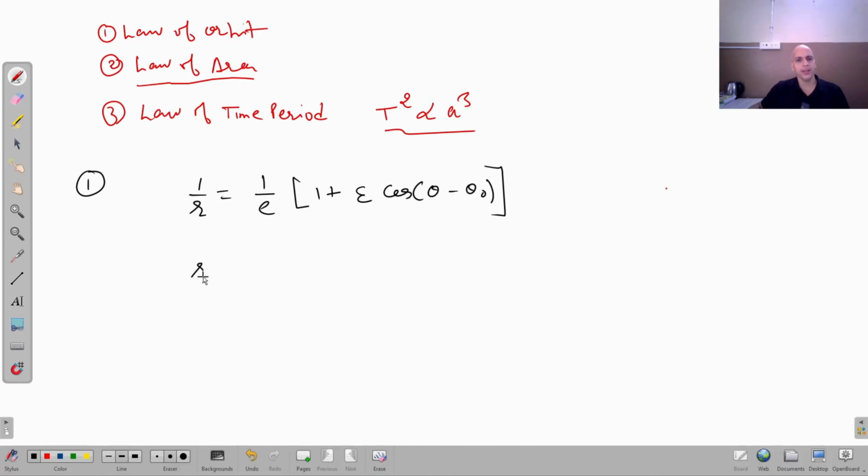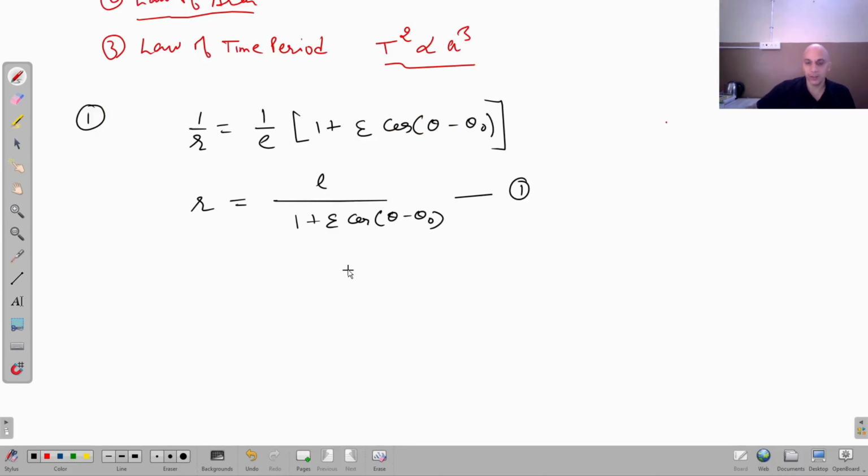So from here, if I rearrange this equation, I get r is equal to L upon 1 plus epsilon cos of theta minus theta naught. This is equation number 1.